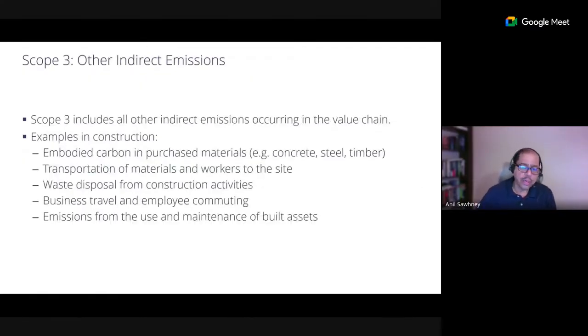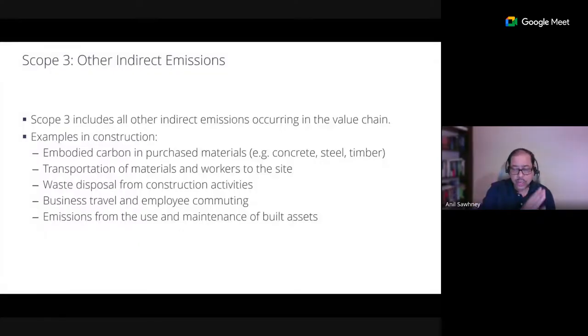Scope 3 are all other indirect emissions. Scope 3 is difficult to calculate because it's all other indirect emissions occurring in the value chain. Examples in construction would be embodied carbon in purchased materials like concrete, steel, timber, transportation of materials and workers to the site, waste disposal from construction sites, any business travel, any emissions from the use and maintenance of built assets related to your value chain all come under scope 3.